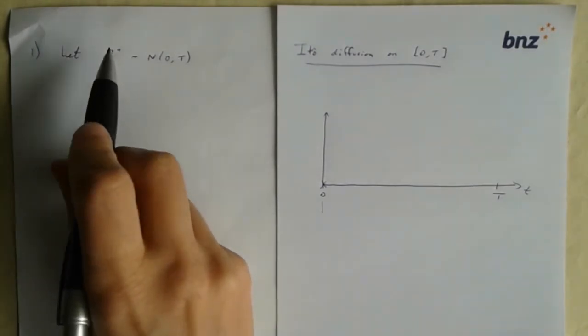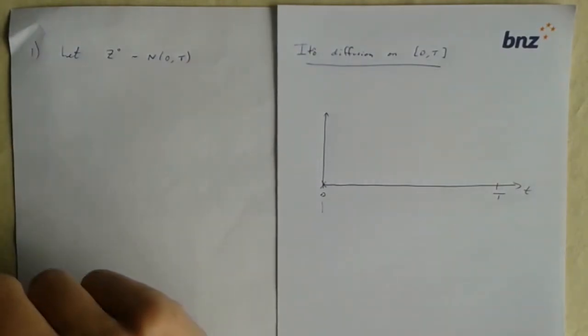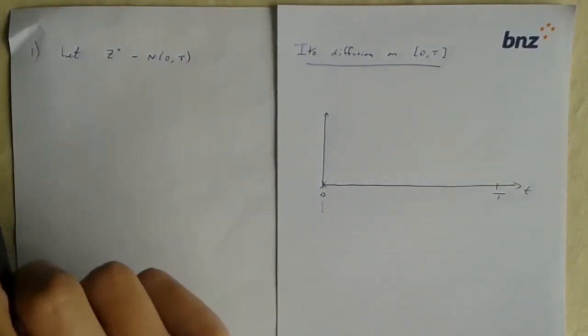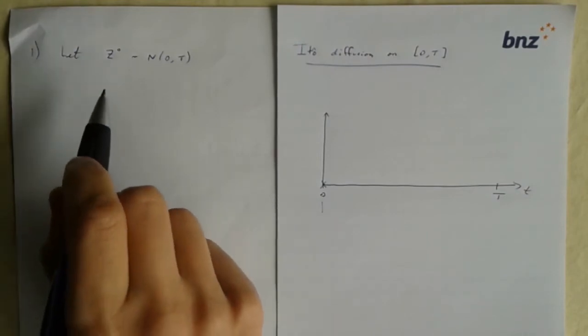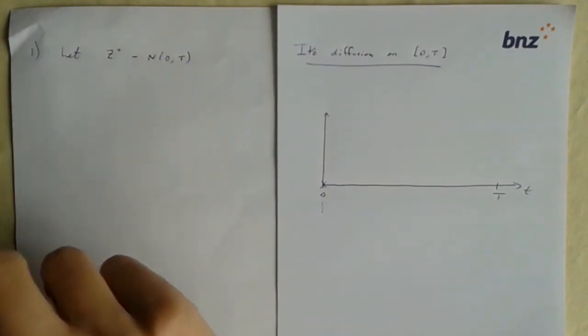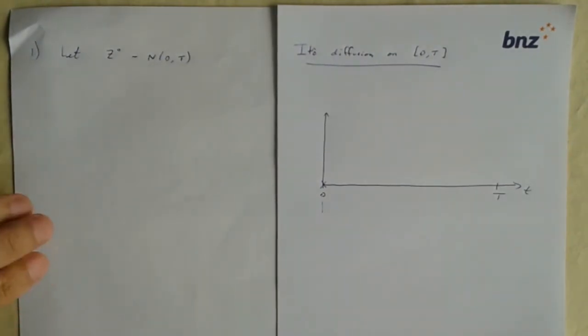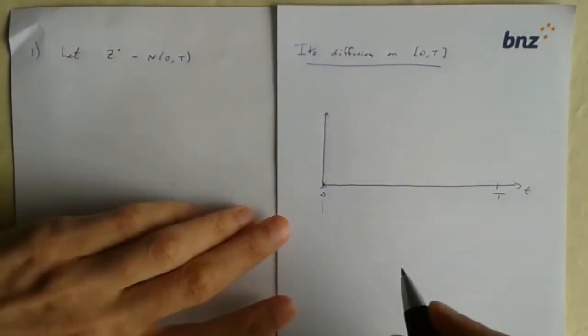Notice I'm using the superscript 0 just as part of the name of the random variable here. That's all that signifies. I've made it have variance t because that will correspond to what the variance of the step is going to be.